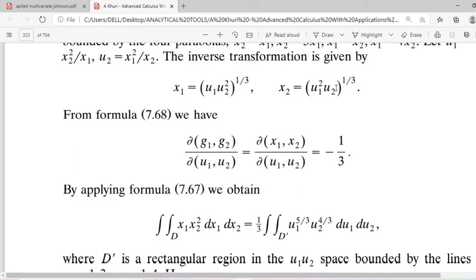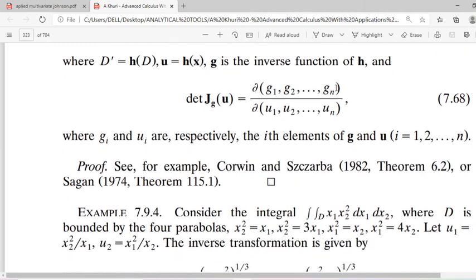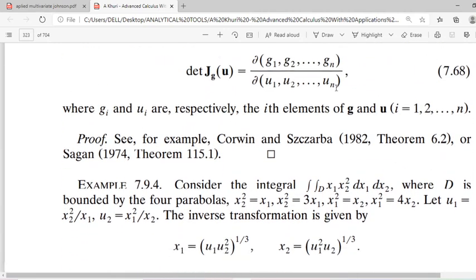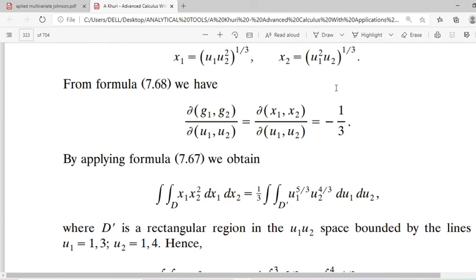So dou of (g1, g2) by dou of (u1, u2) equals minus 1 by 3. You may check that.